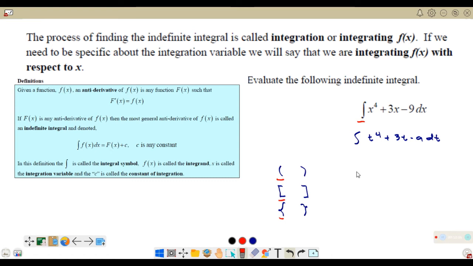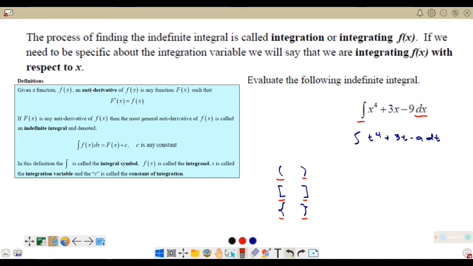So that will correspond to the opening of your grouping symbol. And then itong variable natin dito, yung pangsara, dx, yun naman yung pang-close na parenthesis or brace or bracket. This is the open grouping symbol and this is the close grouping symbol.